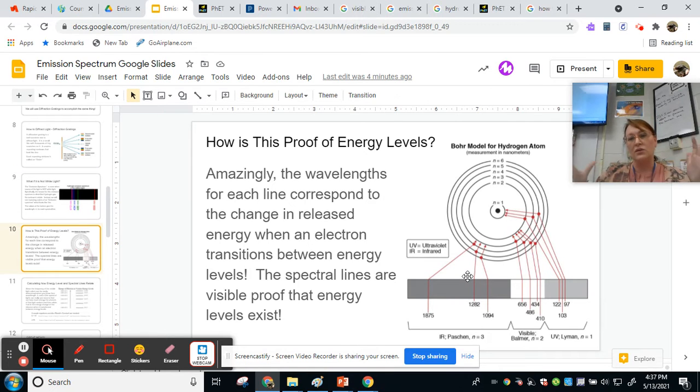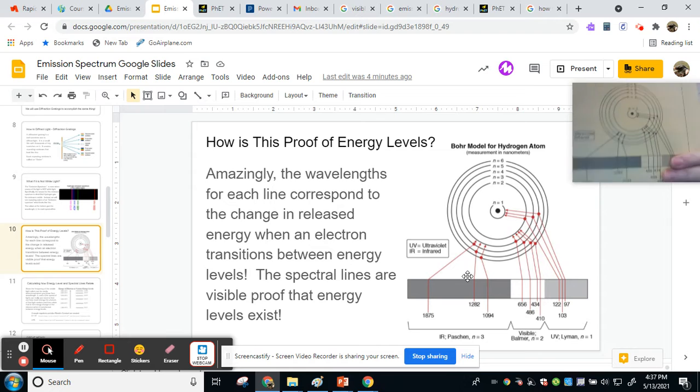So how is looking at lines in a diffraction grating proof of energy levels? Well, again, if you look at your Bohr model here, it turns out that the colors and lines that you see, so for the visible light series that we see 4 lines, right? And I just told you their wavelengths. Here they are again. Okay, here's your 656, that would be your red, and so on.